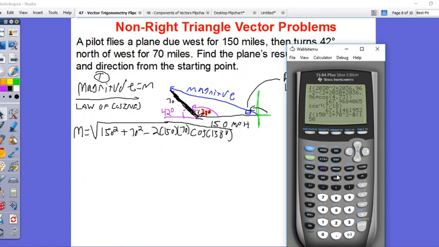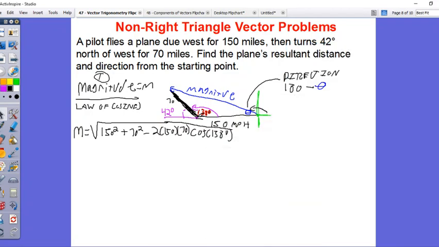I want to put this all in parentheses just to be safe. Plug that in.